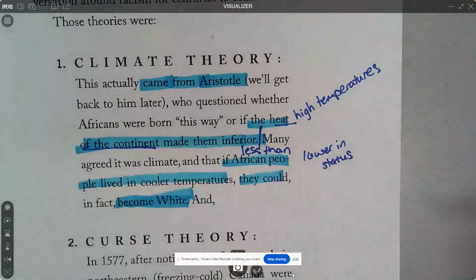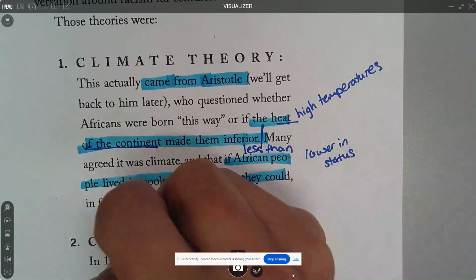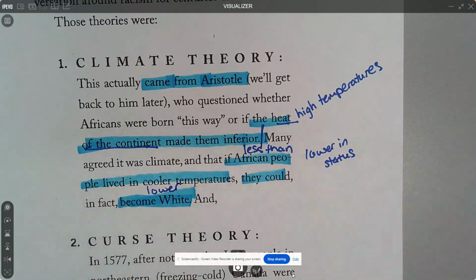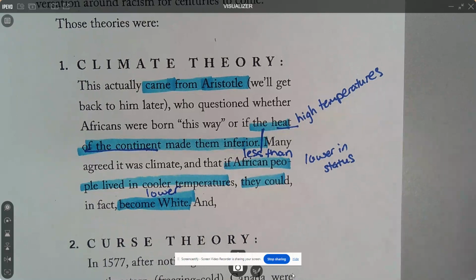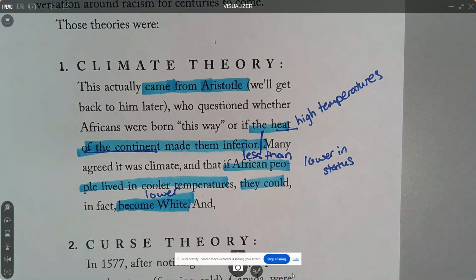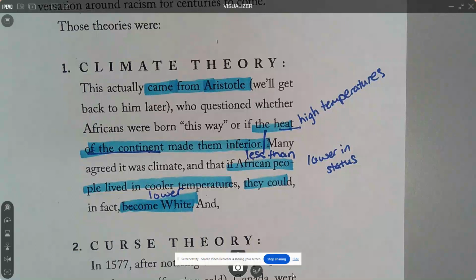I don't want to say cool, and it's not cold temperatures. So again, I'm kind of stuck. What if I said lower? So now I have preloaded my brain with some alternative language for talking about these ideas. And now I feel comfortable putting this page away and starting to paraphrase.